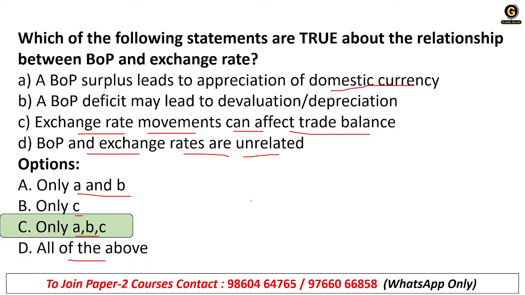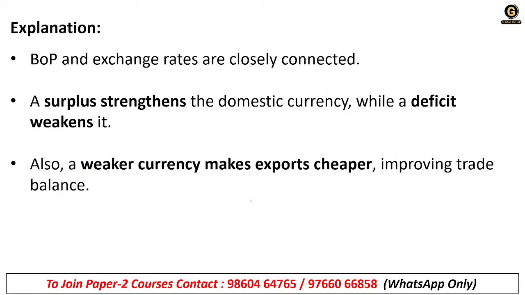A BOP deficit may lead to devaluation or depreciation, and exchange rate movements can affect trade balance. Those three are connected with the relationship between the BOP and exchange rate. See here, BOP and exchange rate are closely connected. That I have told you.